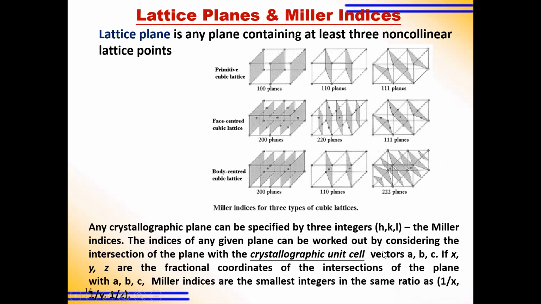By considering the intersections of the planes with the crystallographic unit cell vectors a, b, c, आपण बघितलेला आहे की, if x, y, z are the fractional coordinates of the intersections of the plane with a, b, c, then the Miller indices can be the smallest integers in the same ratio, that is 1 upon x, 1 upon y, 1 upon z, right?